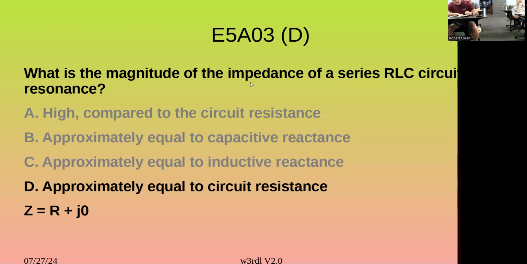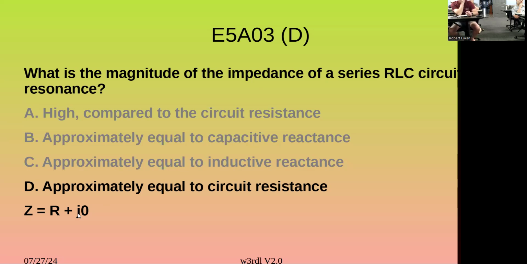Let's see. Okay, remember, impedance is this vector of the real resistance plus the reactance. We use the symbol j to represent the square root of -1, which is really representing a phase-shifted value.